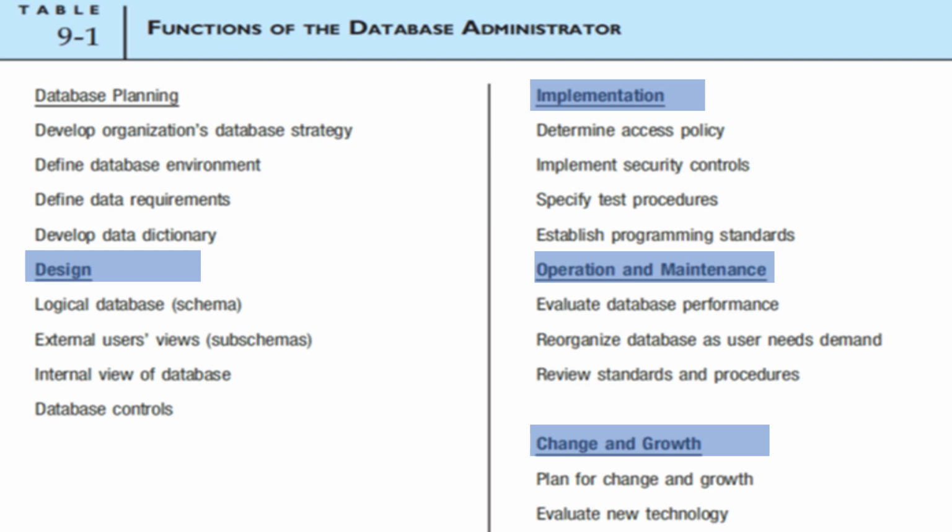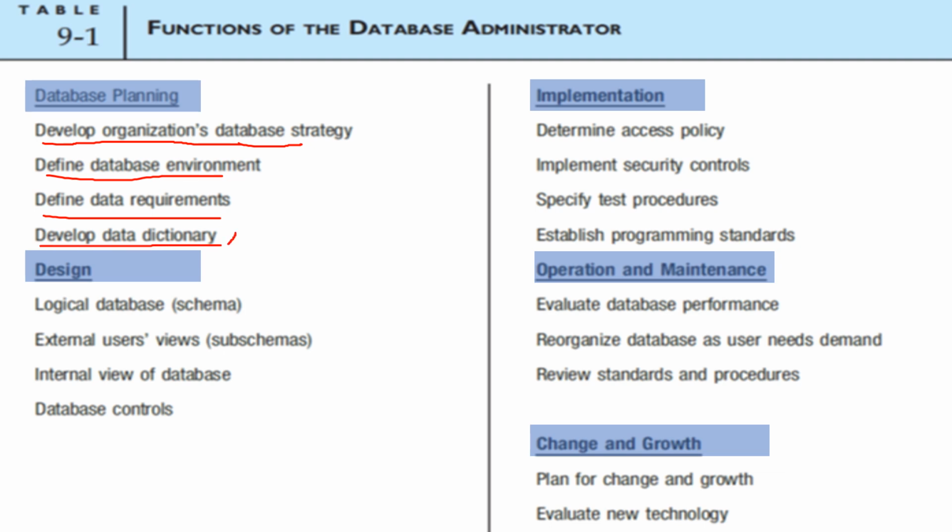I will not go through each one of it, but let's have a look into one or two examples. Under database planning, we have developing the organization's database storage, then second, defining the database environment, defining data requirements, developing the data dictionary.